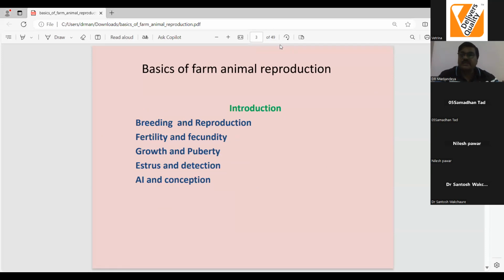We are going to discuss both fertility and fecundity, covering farm animals, cows, buffalo, sheep, and goats, particularly growth and puberty, because that is a part of reproduction, followed by estrous, its detection, its confirmation, and the final artificial insemination and conception. Once the animal becomes pregnant, then everything will go smooth as we expect in the animals.